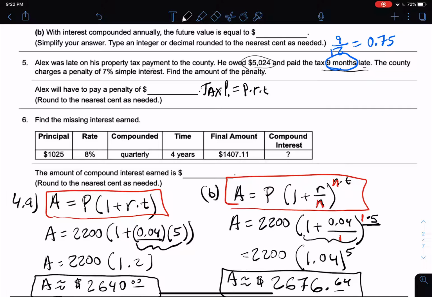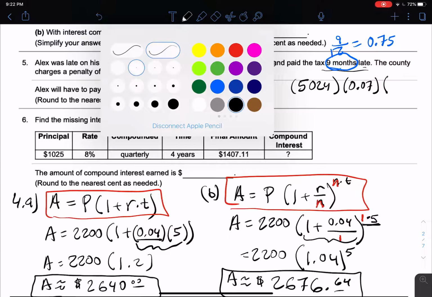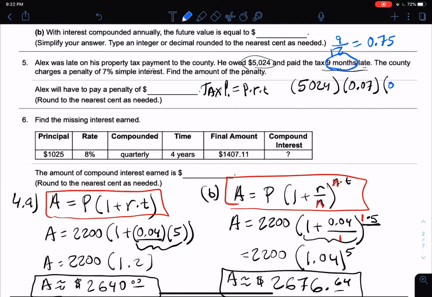So what it's going to be is $5,024 times the simple interest rate, which is 0.07, 7%. And we need to do this not for a whole year. Remember, it's 9 months, which is 75% of a year. So you could use 0.75, or you could use 3/4.